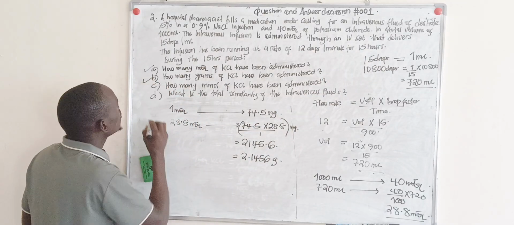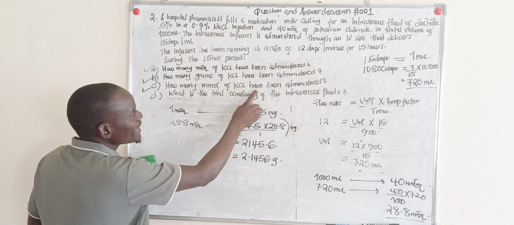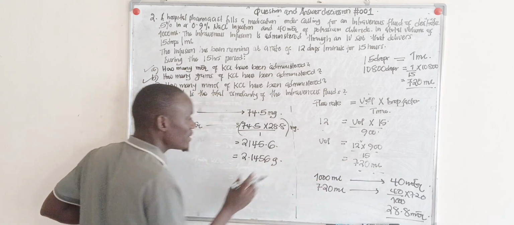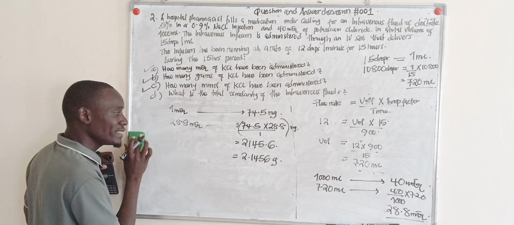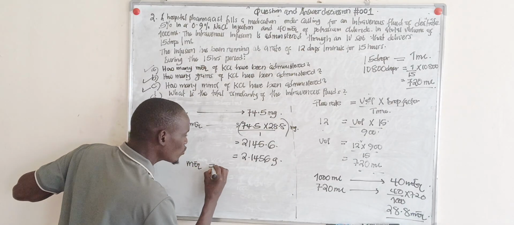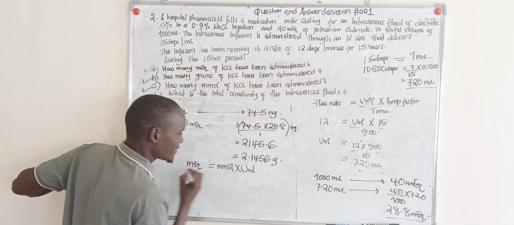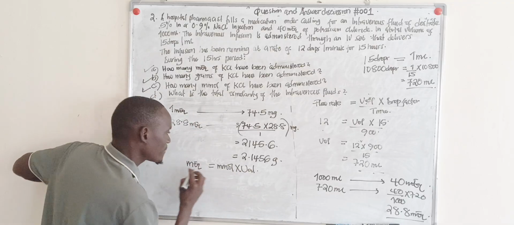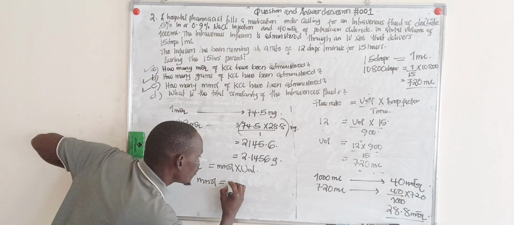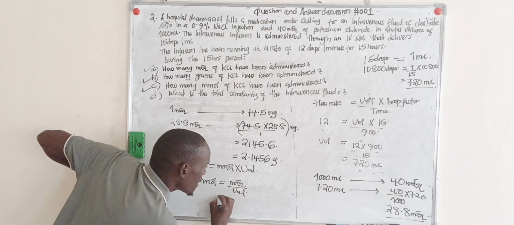Let's go to part C. How many millimoles of potassium chloride have been administered? Still we are in the same volume. But remember, we said that milliequivalent is equal to millimole times valence. So that means millimole will be equal to milliequivalent divided by valence.